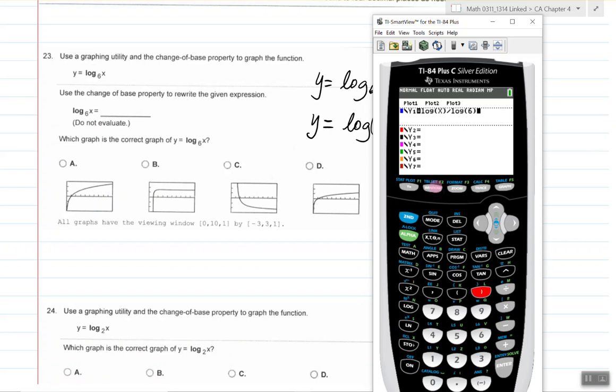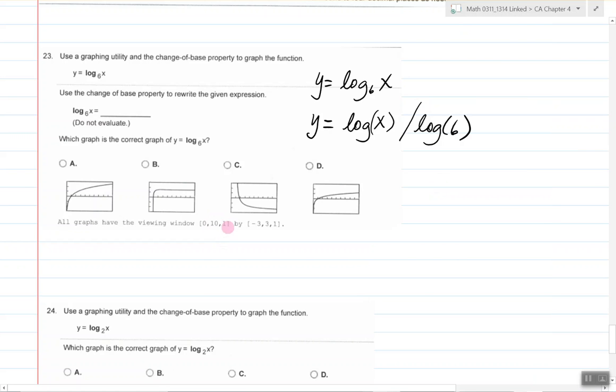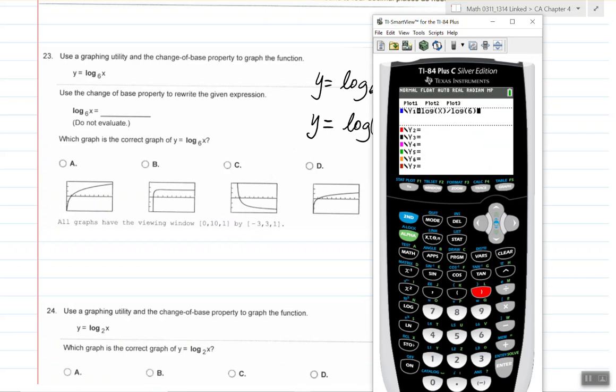And let's see, they are using a rather small window. They're going for the x's, they describe it right here: 0 to 10, scaled 1, negative 3 to 3. So let me mimic that window, and they are doing 0 to 10 and negative 3 to 3.